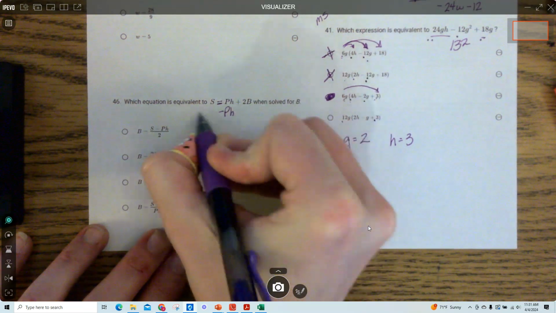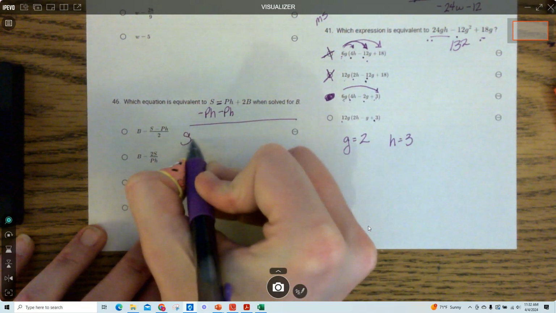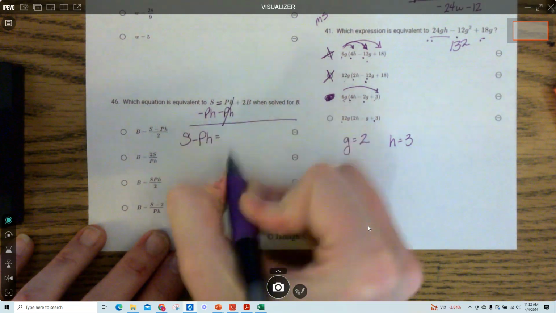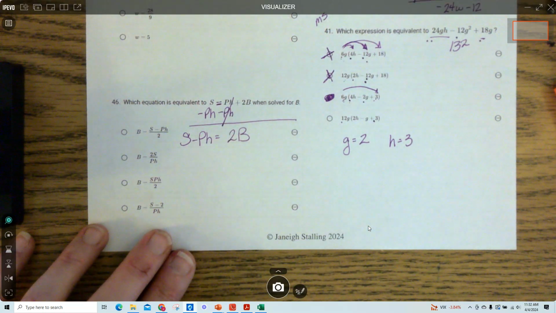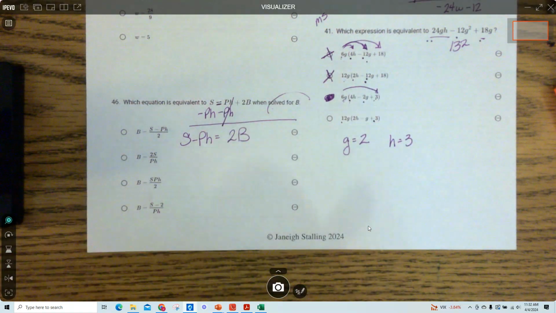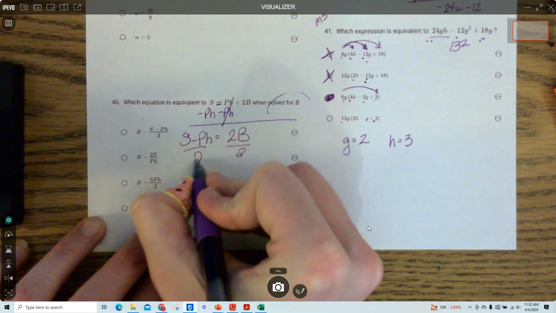Okay. And then you have to do that to the other side. Okay. And then, okay, so S minus pH, this cancels, and equals 2B. Okay. Then you have to divide it by 2. Divide by 2. If I want to solve for B, that means I want to get B by itself.